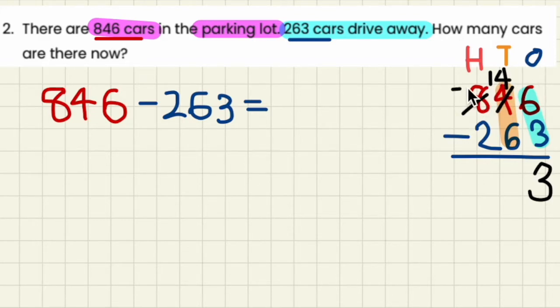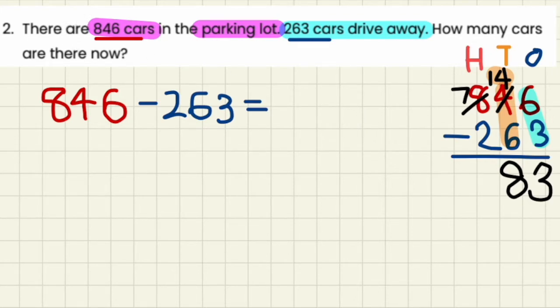So our original number is 4, but we can add a 10 to it, so 4 plus 10, to make the top number in the tens place greater than 6, which is the bottom number in the tens place. So now we have 14 minus 6. What is 14 minus 6? That's right, it is 8.